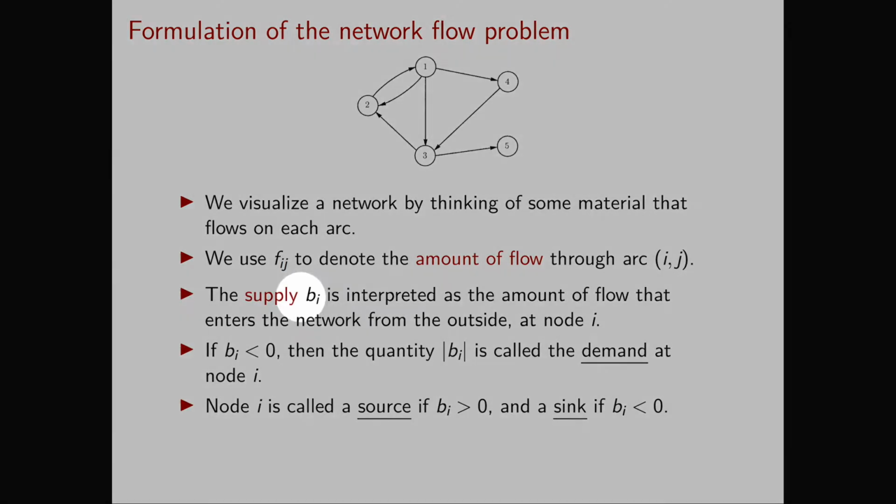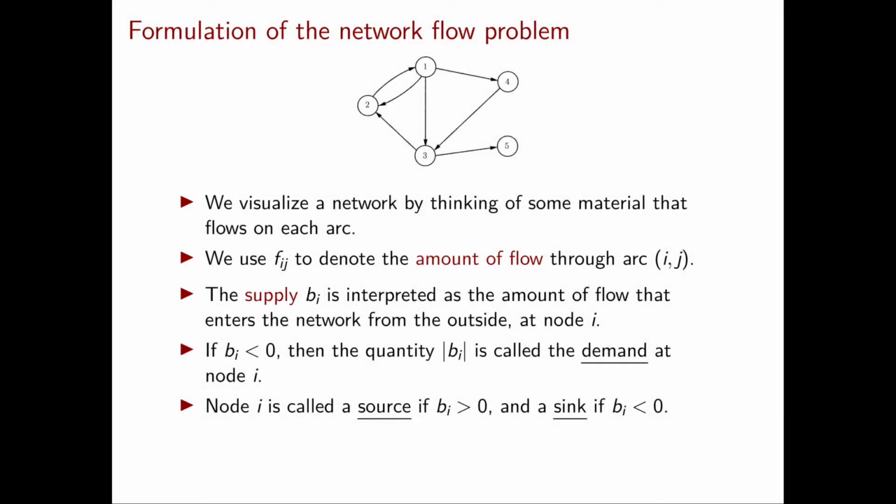Next, we discuss the role of the supply. The supply B_i is the amount of flow that enters the network from the outside at node i. Recall that in our definition the supply is a real number, so in particular it can be negative. If it's negative, we have that a negative amount of flow enters the network from the outside.